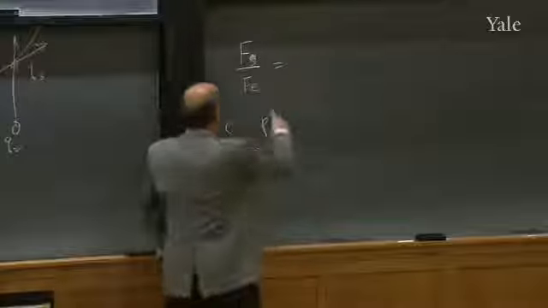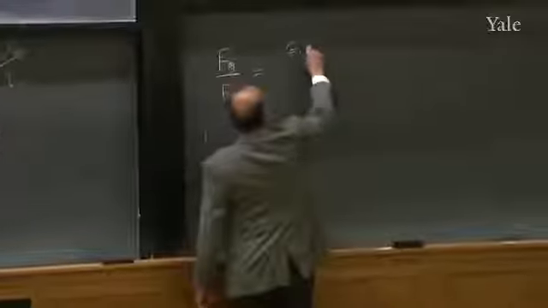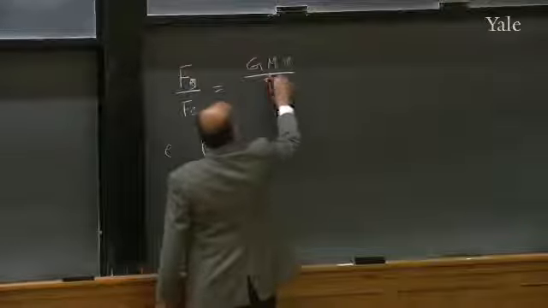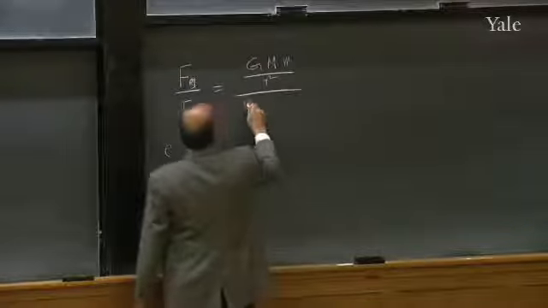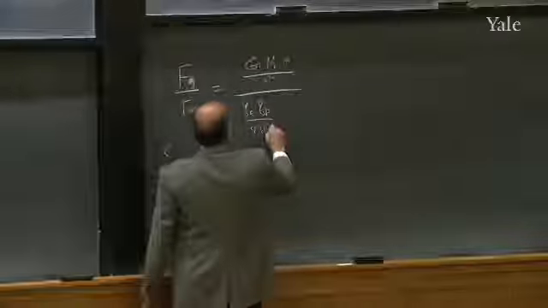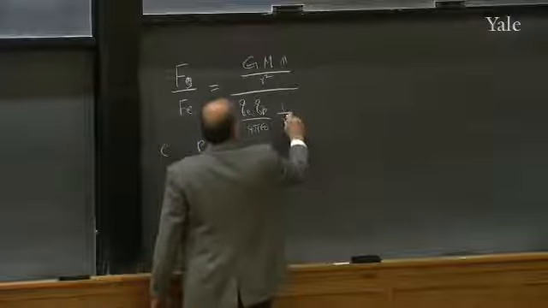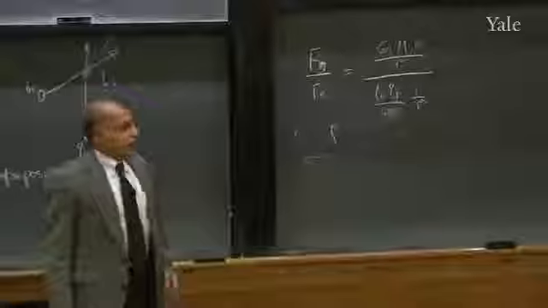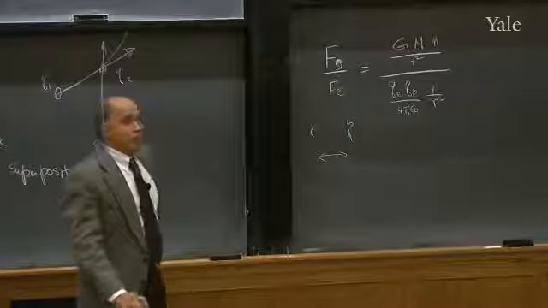So I will write the force of gravitation, which is G, mass of the proton, mass of the electron, over r squared, divided by q electron, q proton, over 4 pi epsilon 0, times 1 over r squared. Notice in this calculation, r squared does not matter.